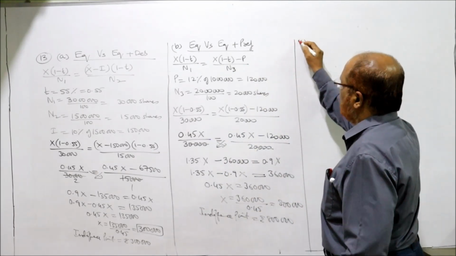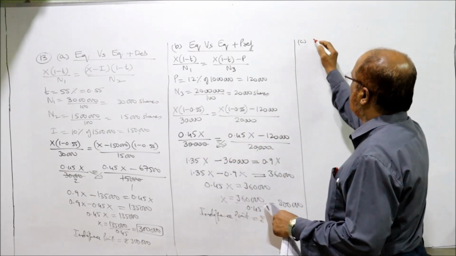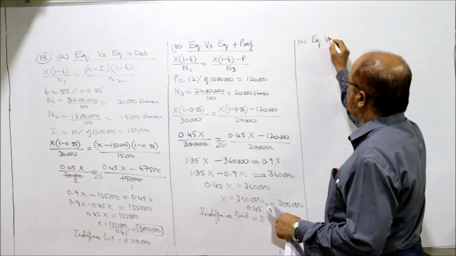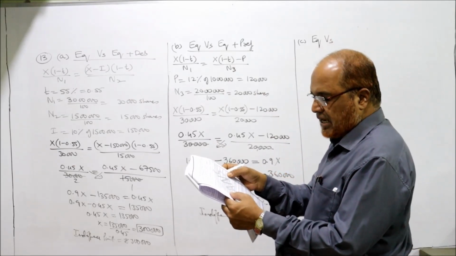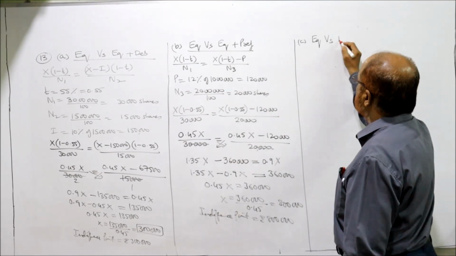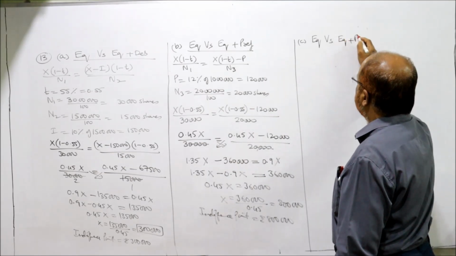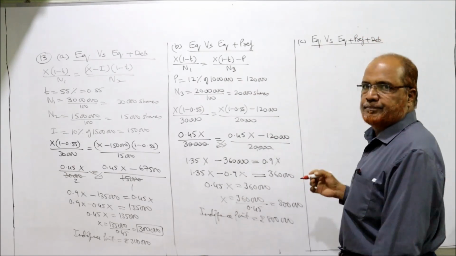In C bit we have either equity capital of 30 lakh, so only equity we have on the first one, or 12% preference capital 10 lakh, 10% debentures 10 lakh and 10 lakh equity. So we have equity plus preference plus debentures, all the three.